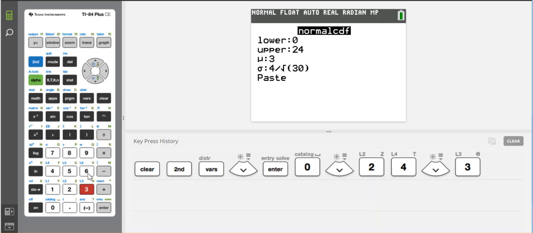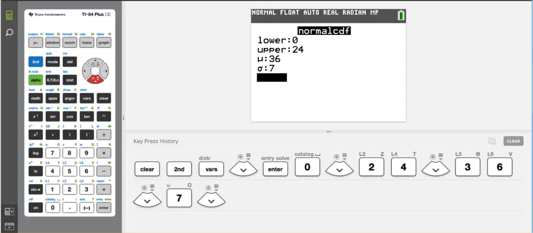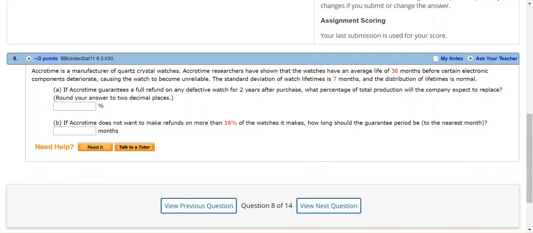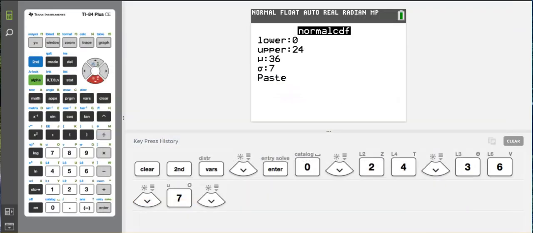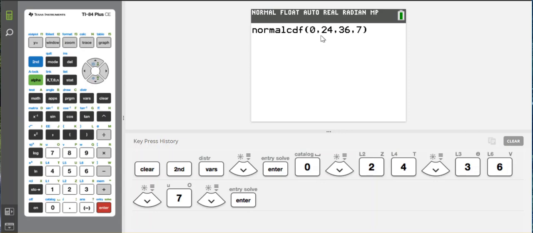Then the mean was 36 and the standard deviation was 7. Let me take a look at the problem again because I already forgot. The average life is 36 months and the standard deviation is 7. Remember, it goes lower, upper, mean, and then standard deviation, and I hit enter.